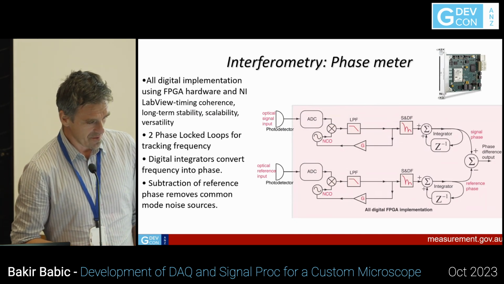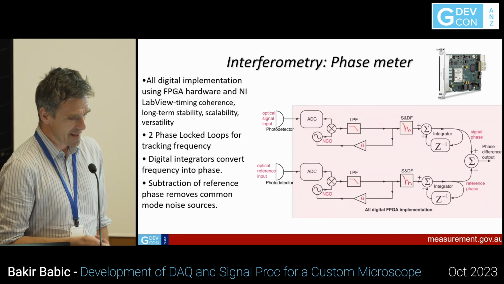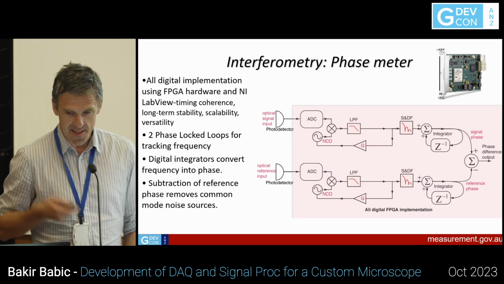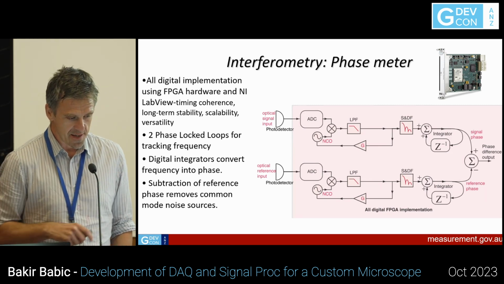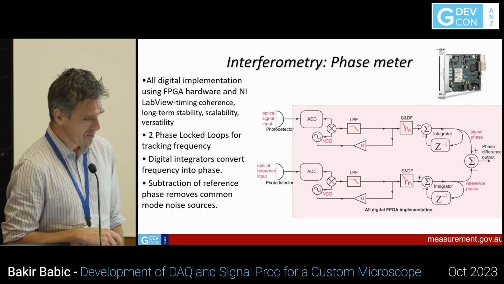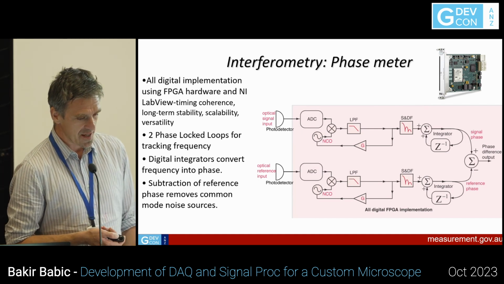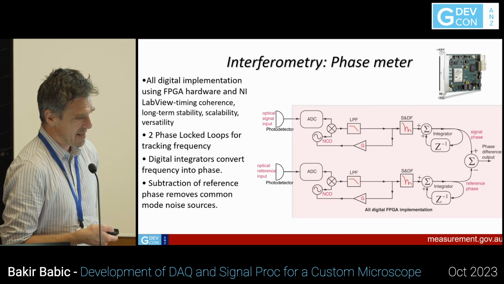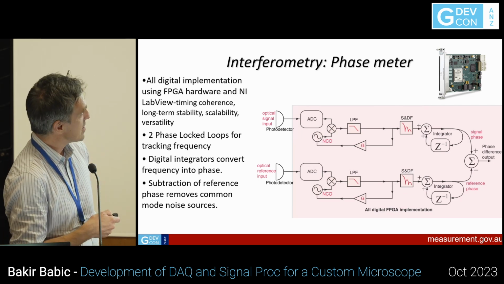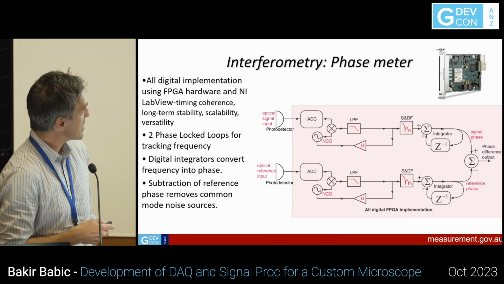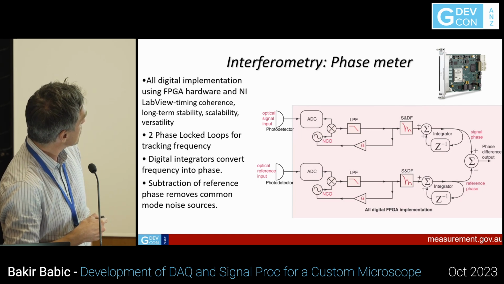And then once you want to implement that, you want it to have sufficiently high bandwidth. You want to have stable things. So we decided to do it on FPGA using NI solutions. For that, you would need two phase locked loops.